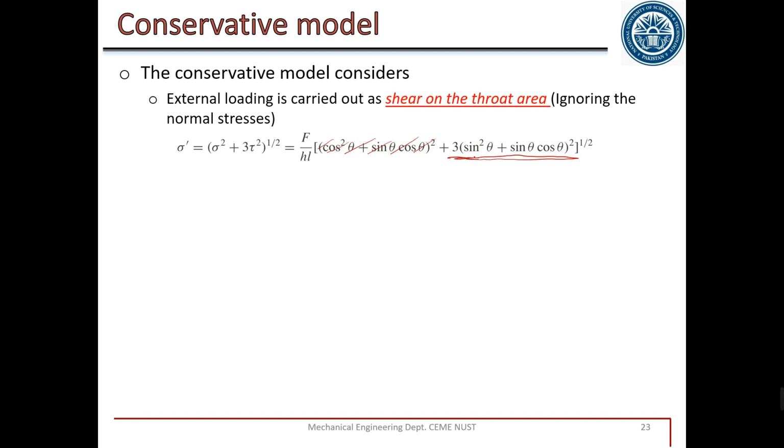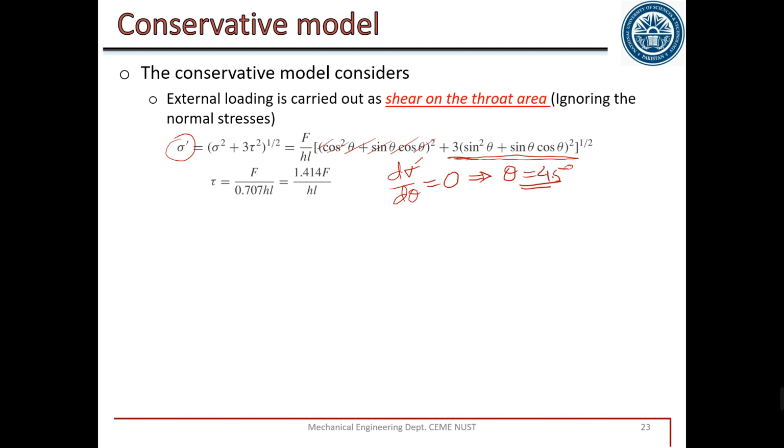So due to shear stresses, von Mises is maximum at some other section, and then they differentiated this von Mises stress value, d sigma prime by d theta, equated it to 0, and got a value of theta equal to 45 degrees.